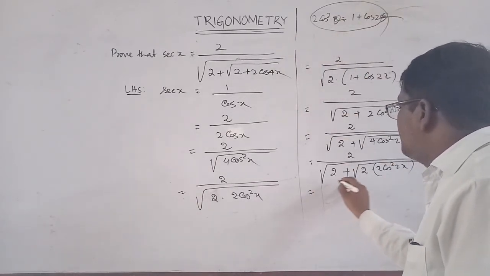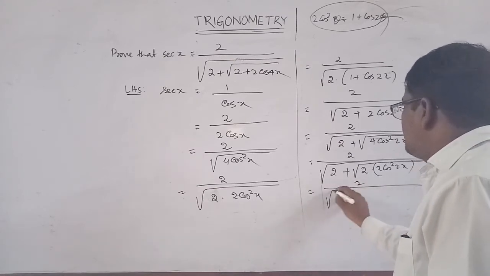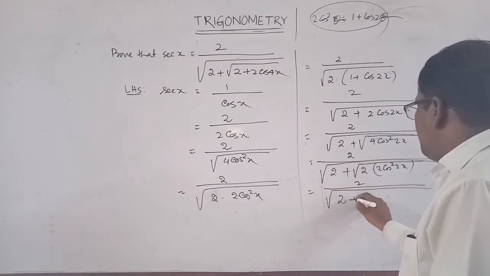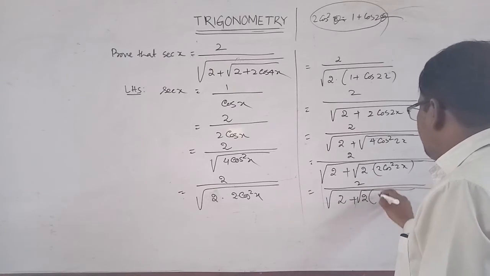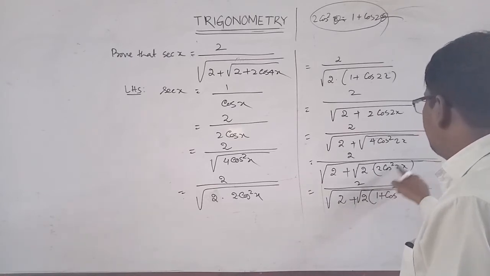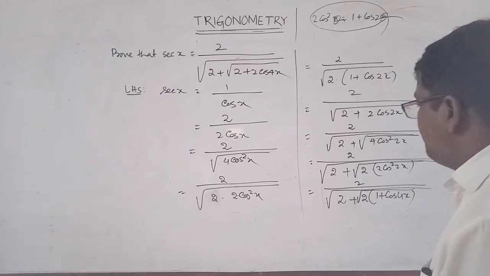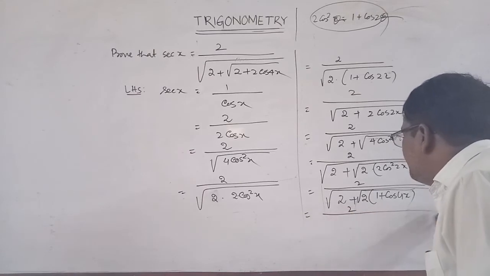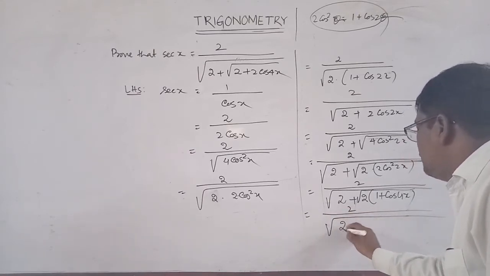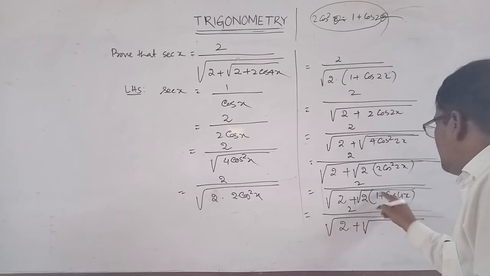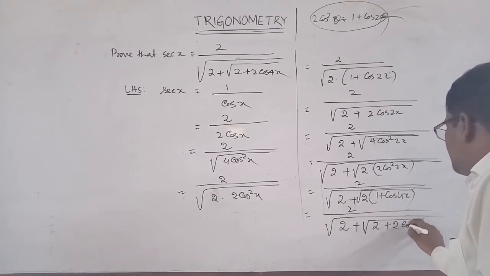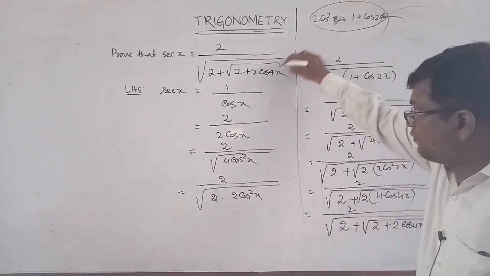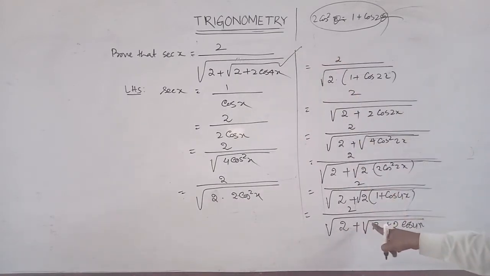So this is equal to 2 by square root of 2 plus root over 2 into (1 plus cos 2 into 2x, that is 4x). And multiplying this, this is equal to 2 by square root of 2 plus square root of 2 plus 2 cos 4x. This is the required proof.